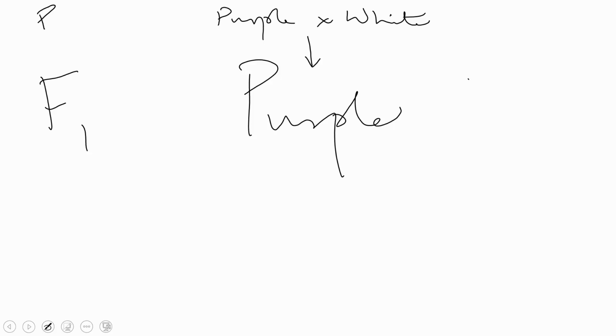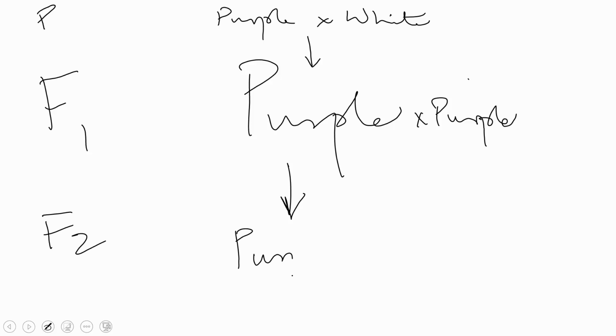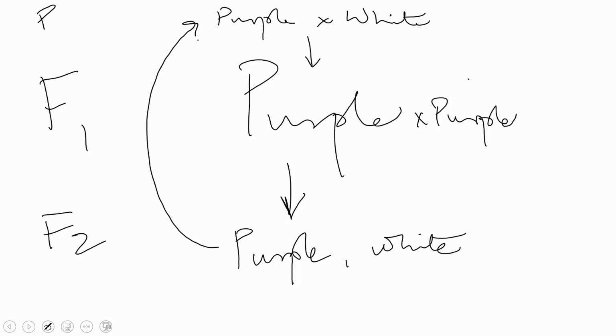But when he crossed these purple babies with themselves, what he ended up with in the F2 generation was mostly purple, but he also got white. So the F2 generation reflected the grandparents.